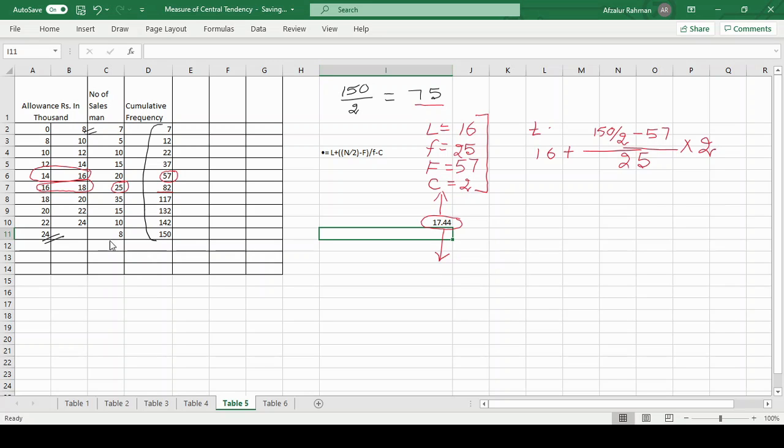So of the total 150 employees, after 17,000 there are 75 employees, and before 17,000 there are 75 employees. So 75 employees got travel allowances less than 17,000, and 75 employees got travel allowances more than 17,000. So this is the thing. Is it clear?